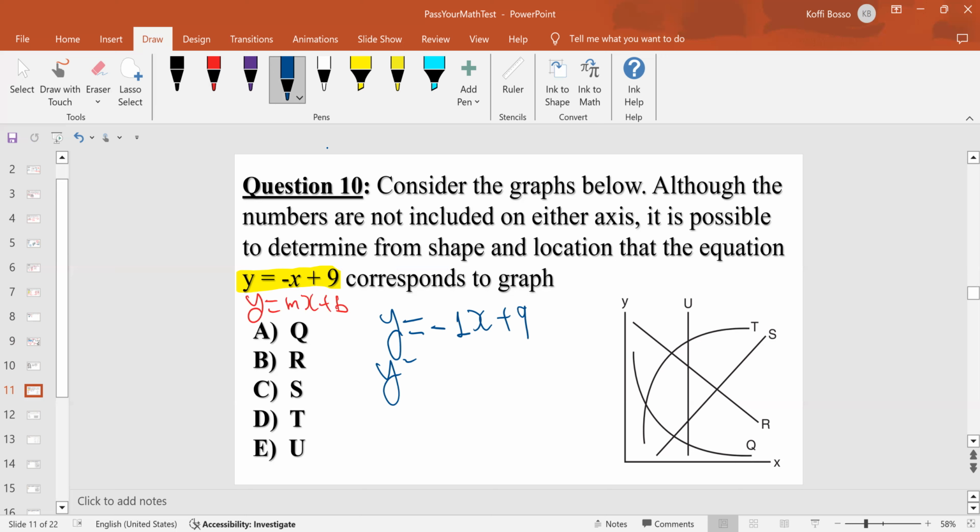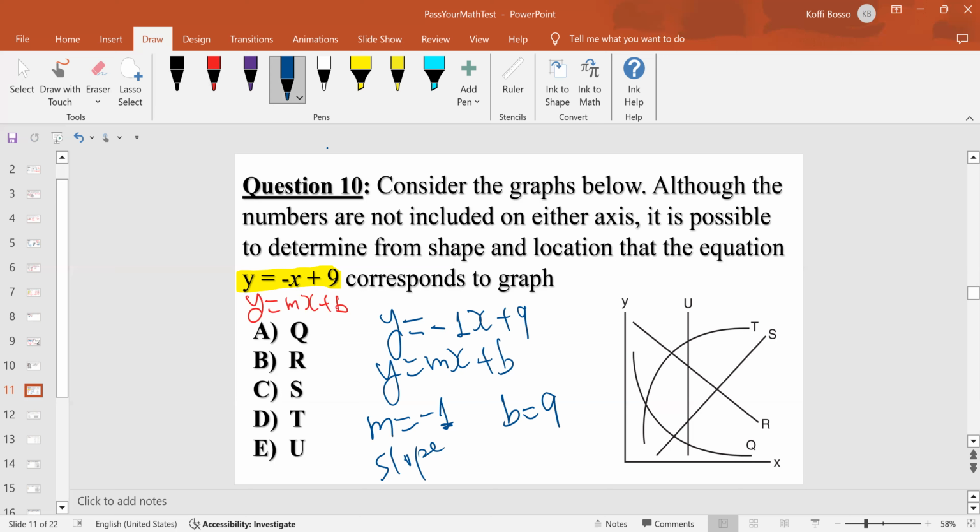Having y equals mx plus b, we say that m is negative 1 and b is positive 9. That negative 1 is the slope, so m is the slope. Every time you have an equation of a line and the slope is negative, that means the line is going down, it's decreasing.